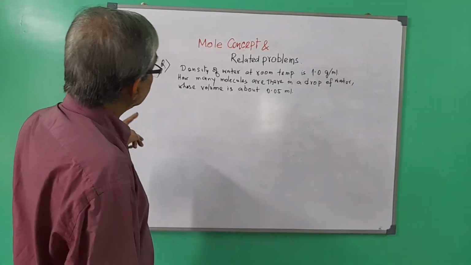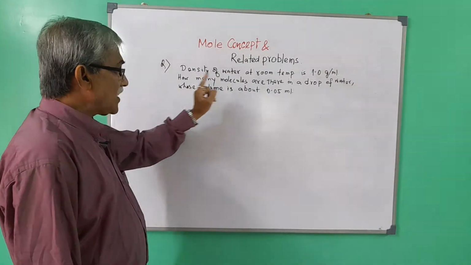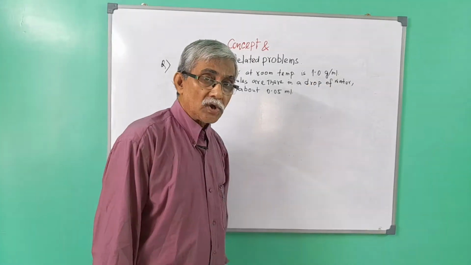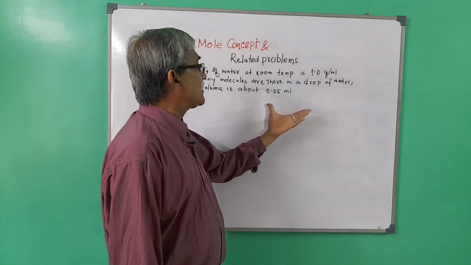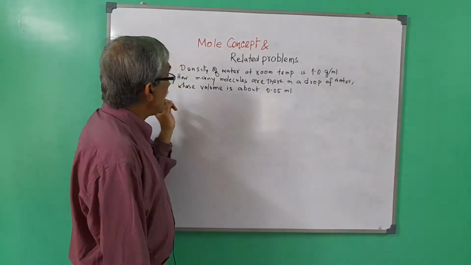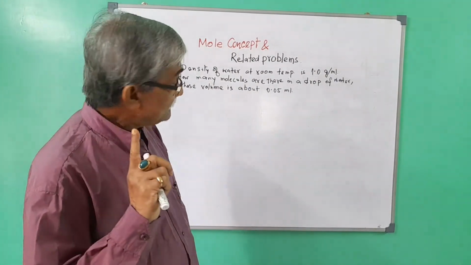Now, let us take another illustrative question. Density of water at room temperature is 1.0 gram per milliliter. The question is, how many molecules are there in a drop of water, whose volume is about 0.05 milliliter?